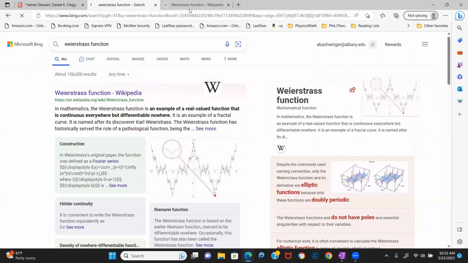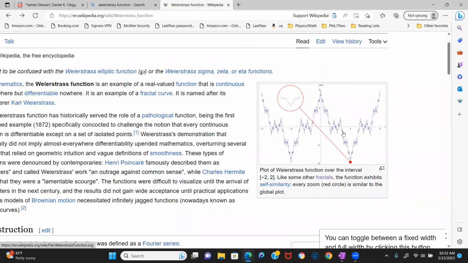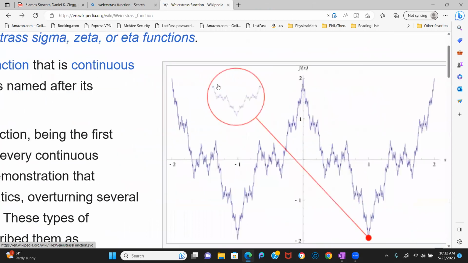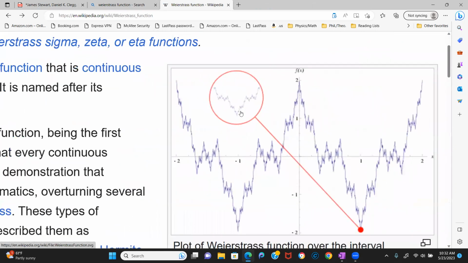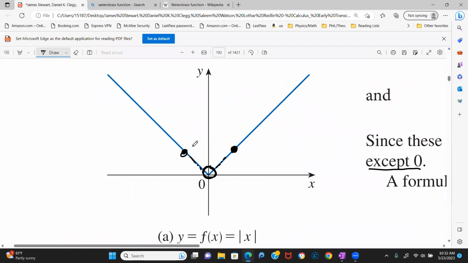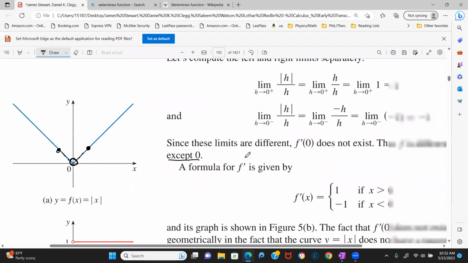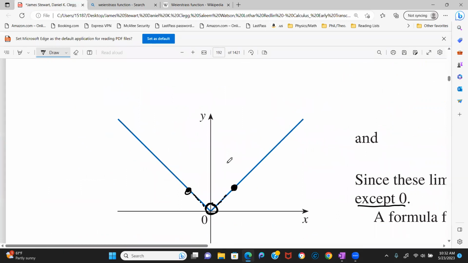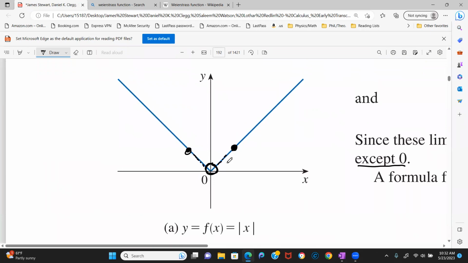Same with this Weierstrass function that we looked at earlier. If you zoom in at a point, like they did here, it still looks the same. You still get all these kinks. All right, so this is the intuition. The reason why I looked at the graph first rather than go through the calculations is because we want to develop some intuition for this problem.